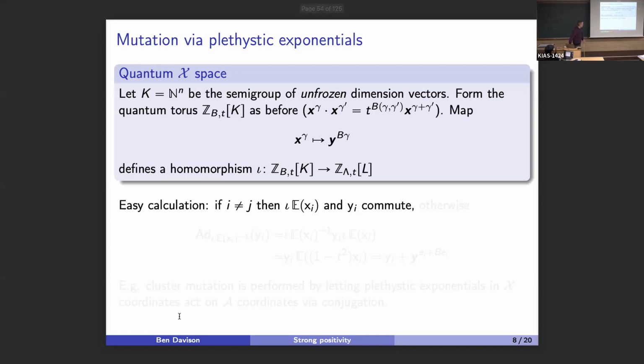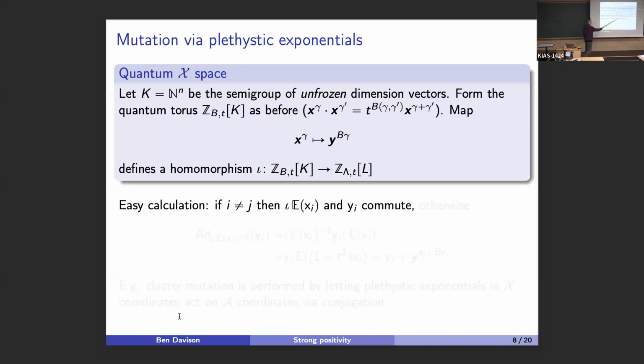What's the point? So it's an easy calculation, I claim, that if i is not equal to j, then if you take this thing, so recall this was, you take x_i, you multiply it by some formal power series in t, and then you take the plethystic exponential. Take that expression, push it forward along this map, or the completion of this map, to get some presumably very complicated expression in terms of the y's instead of the x's.